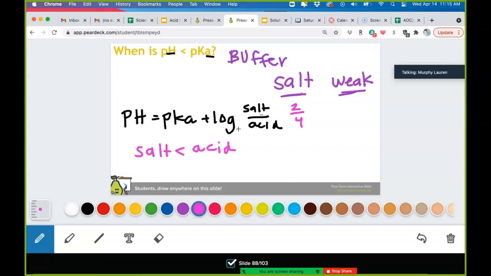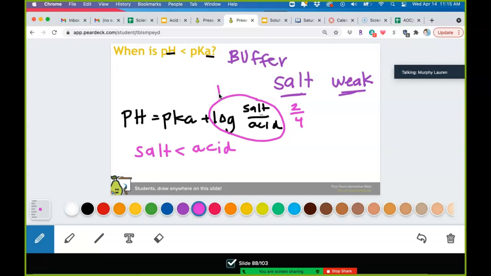So if you take the log of a number less than 1, and when I say less than 1, I'm not talking about negative numbers. I'm talking about decimals like 0.9, 0.8, 0.01, 0.00001. You will notice that this term, the log of 0.1, the log of 0.2, the log of any number less than 1 but not negative, okay?